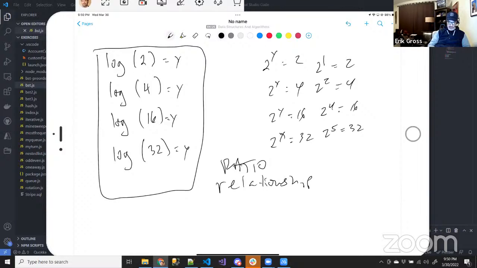So we see this relationship. Let's fill in the actual answers. That's 2 to the power. Let's see if I got this right. So it's 1, 2, 4, and 5.